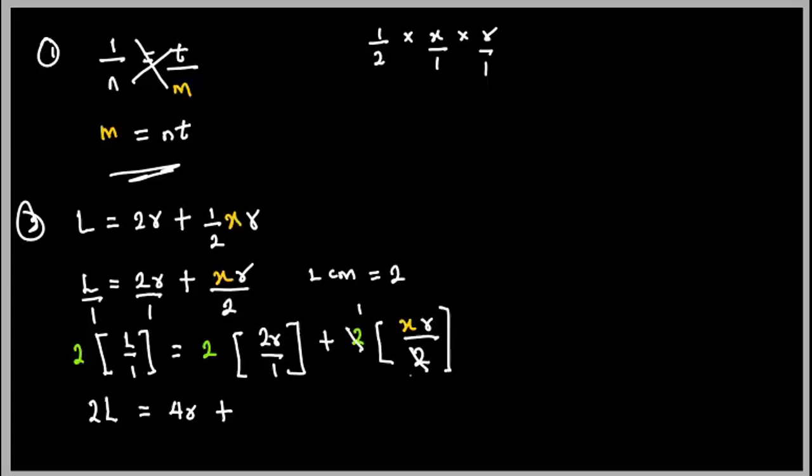So we now have xr divided by 1, which is still xr, and xr times the 2 outside is 2xr, because anything multiplied by 1 is the same thing. So we've now cleared the brackets.